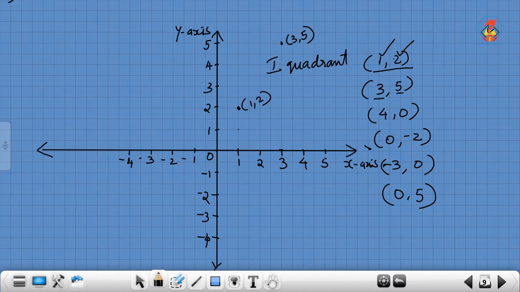In the first quadrant, all points have positive x coordinates and positive y coordinates. This is the second quadrant, this is the third quadrant, and this is the fourth quadrant.